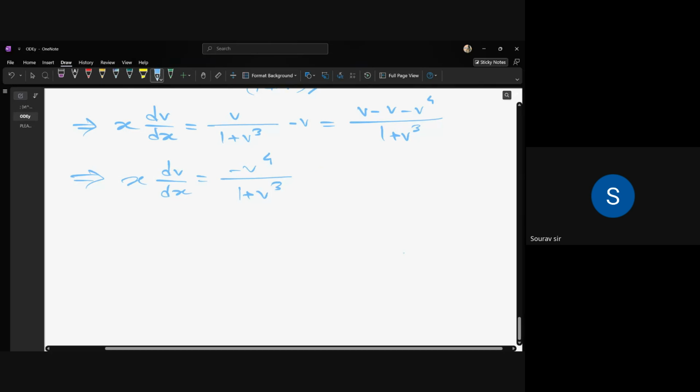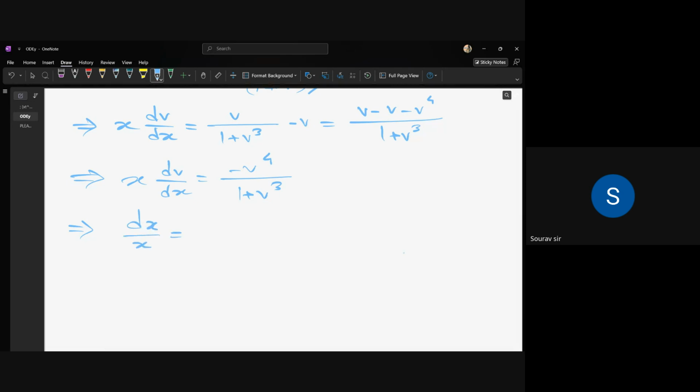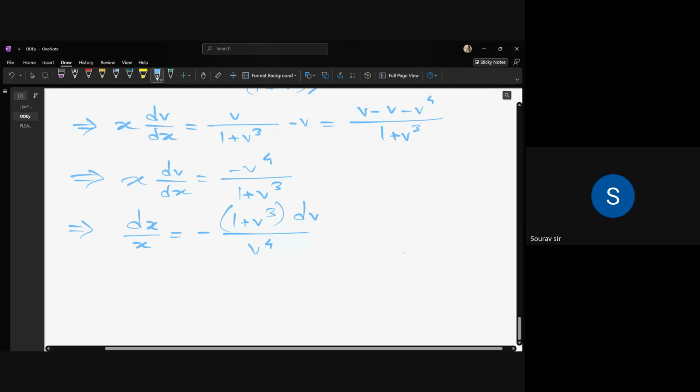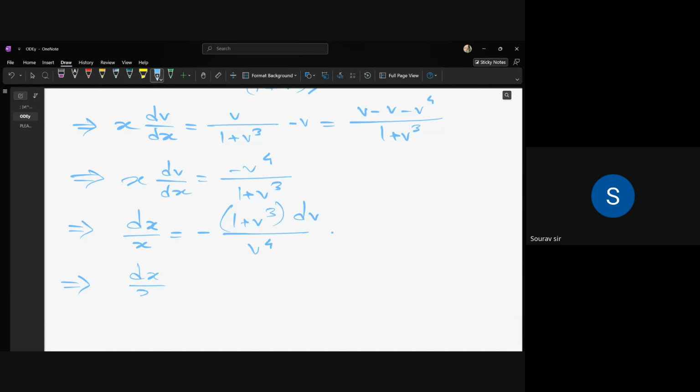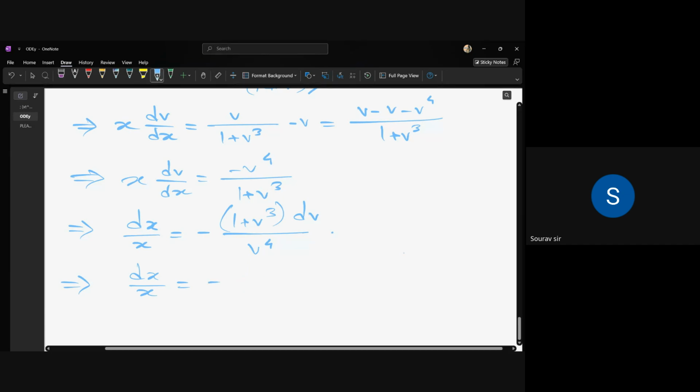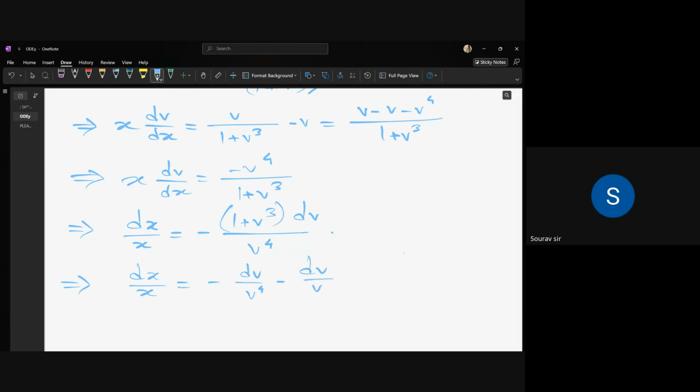From this we can write dx by x equals minus 1 plus v cube dv by v to the power 4. So dx by x equals minus dv by v to the power 4, then minus dv by v.